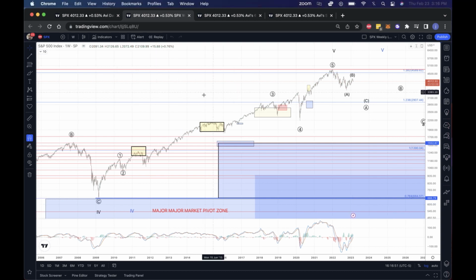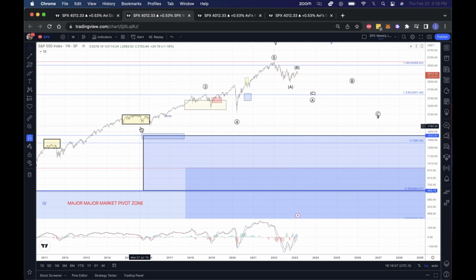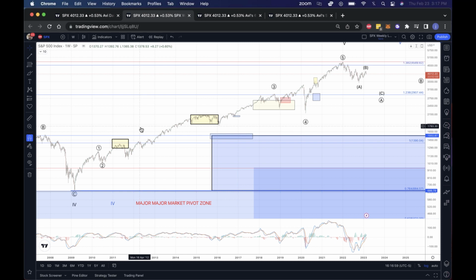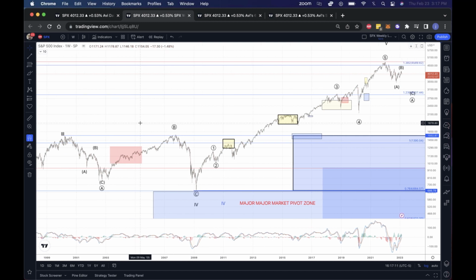So in Elliott Wave, when we're talking about a trending move, the theory is that trending moves will tend to subdivide into 5-wave movements, and the corrective action will tend to subdivide into 3-wave movements.